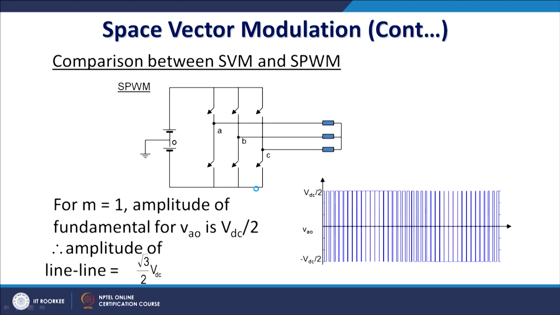So, this is actually the PWM waveform. For modulation index 1 and for the half bridge configuration, the fundamental voltage VAO is VDC by 2 and the line to line voltage will be root 3 by 2 VDC, as simple as that.